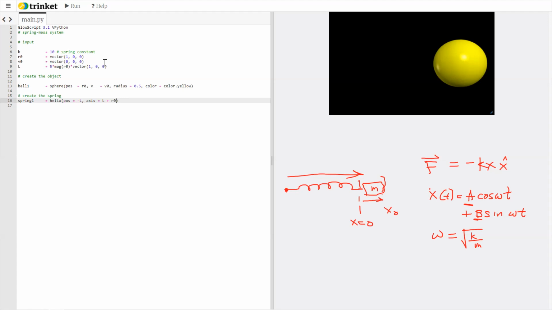Since we already defined the initial displacement of the ball as R naught, you can put here ball 1 dot pos. Just copy it from above. And then radius, we should have the same radius as the mass, 0.5.